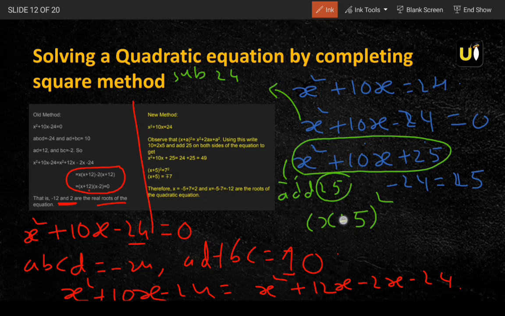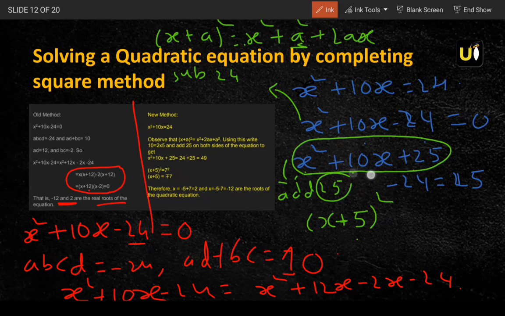So now adding 4 on both sides, that will give you x square plus 4x minus 12 plus 4 is equal to, adding 12 on both sides, 12 plus 4, that is 16.